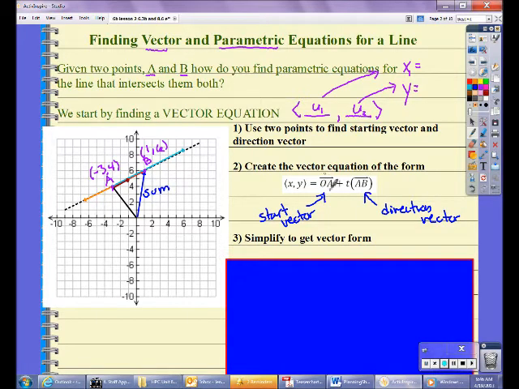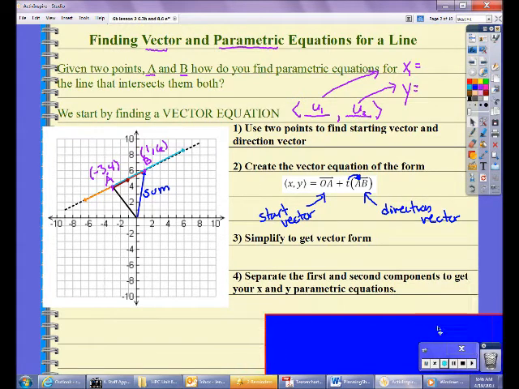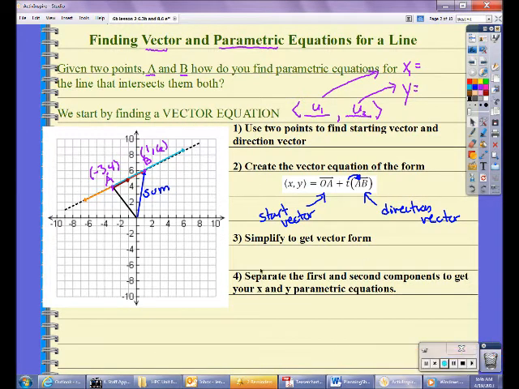We can add these together by essentially multiplying t into that vector and then adding your like components. Once you have that, you can separate the first and second components into the x and y parametric equations. This is the switch from vector to parametric.